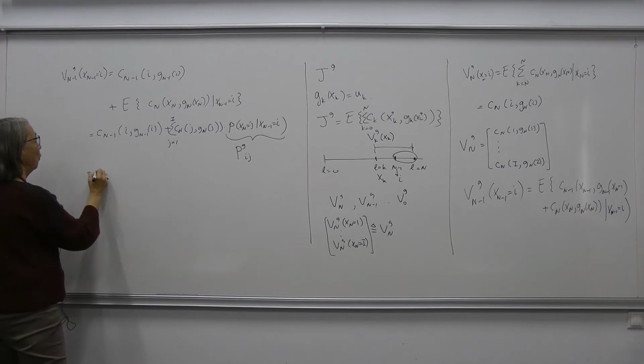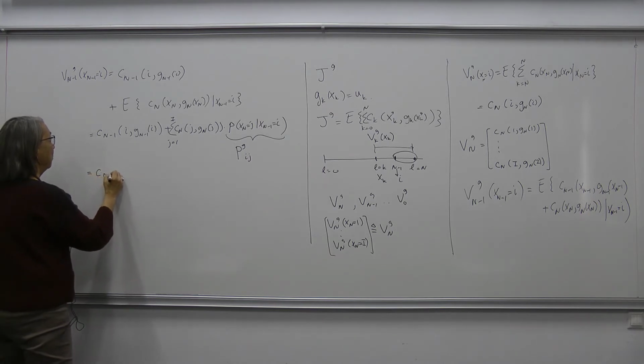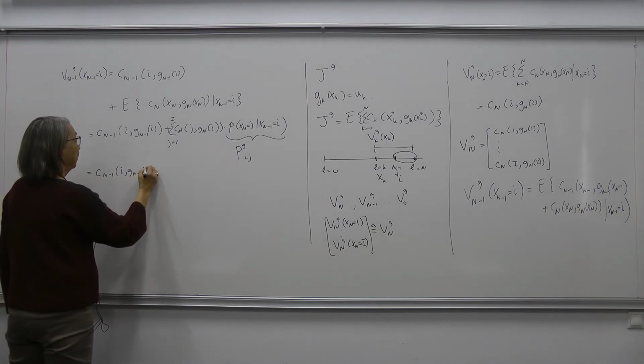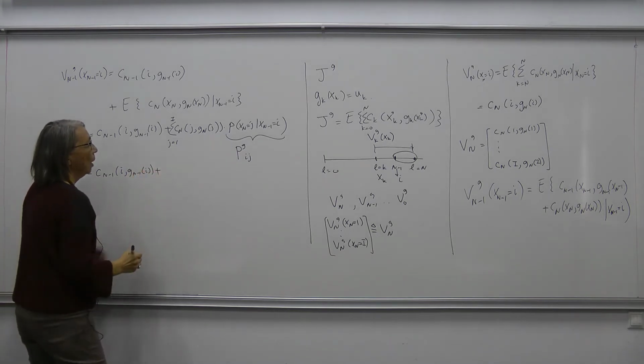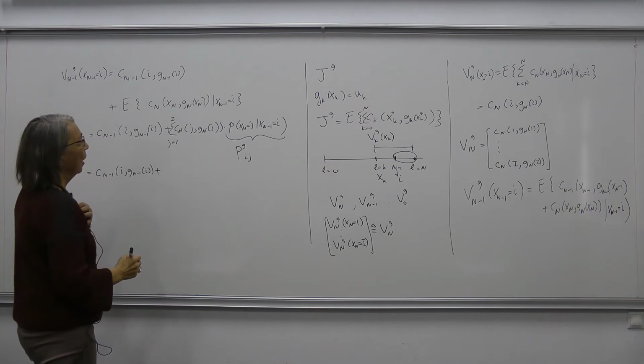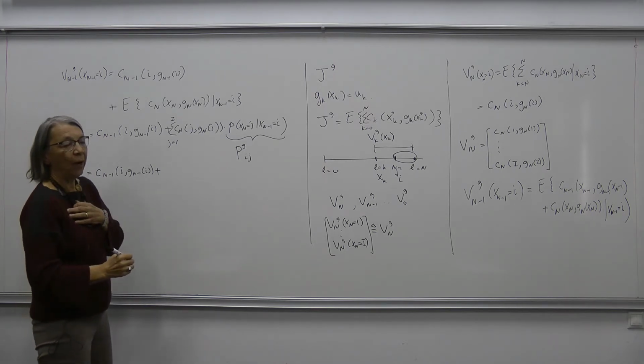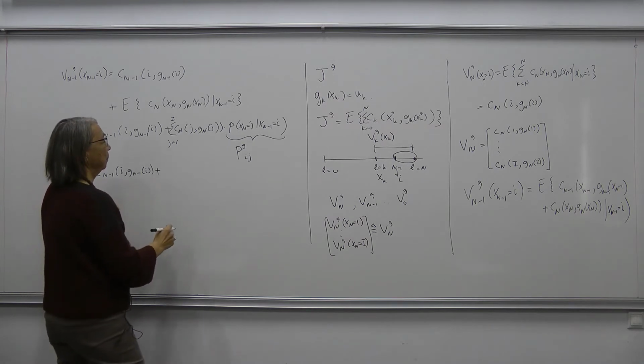So we can write the overall expression as c_{n-1} of i, g_{n-1} of i, plus, in that sum, I would like to write it as a multiplication of a row vector with a column vector.